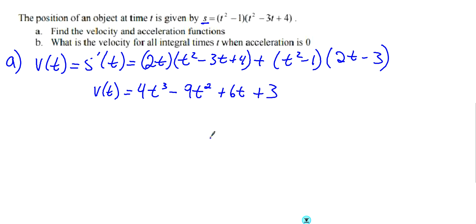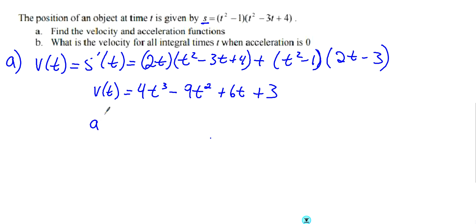Once you FOIL this out and add up your like terms, this is my velocity equation. You could have taken the derivative the way it was, but you'd have to do the product rule for the first part and the product rule for the second part. So it's much easier to distribute the 2t and distribute this out and add up your like terms to get the velocity.